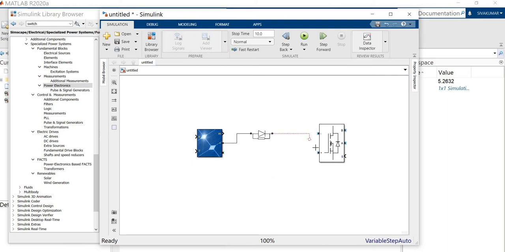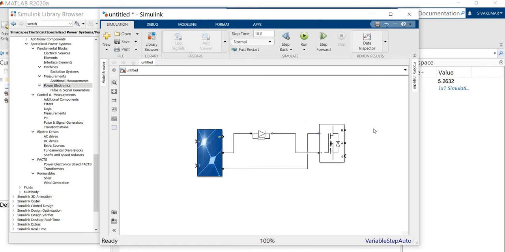Now I am going to connect this system positive to positive. Again I connect negative to negative. This is the option we use for that purpose, positive and negative.